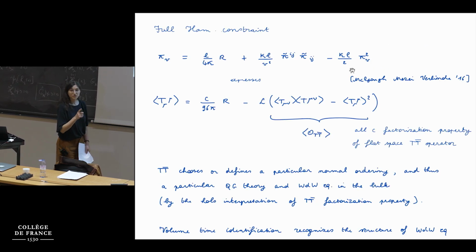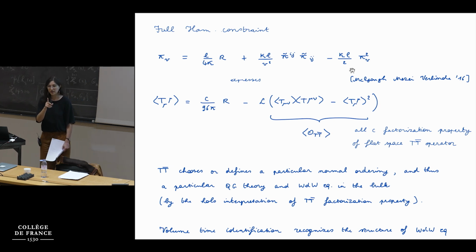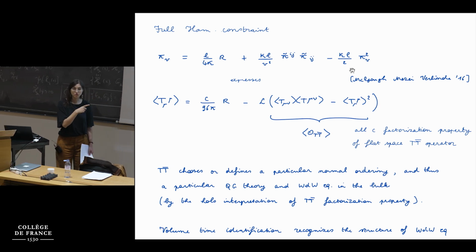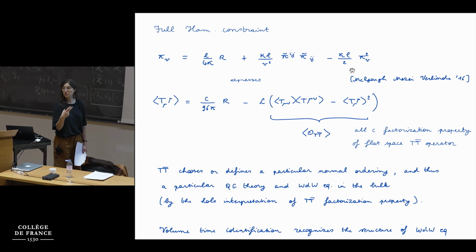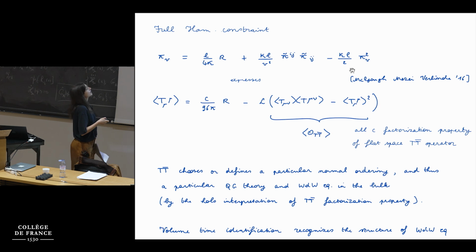Okay, so this was at the level of the Wheeler-DeWitt equation. We can also make a statement at the level of the Hamiltonian constraint, which we expect to tell us something about the dual theory in terms of the stress tensors of the dual theory.